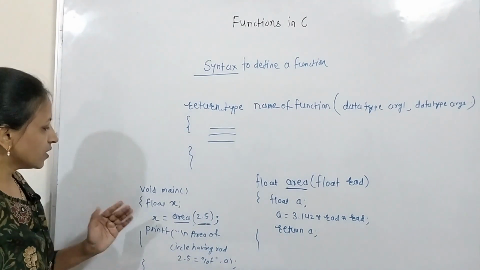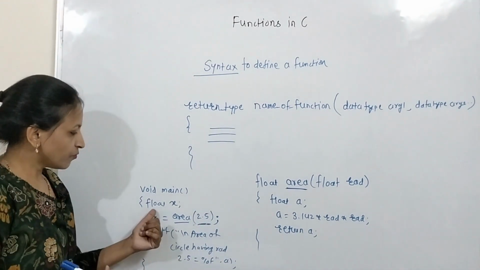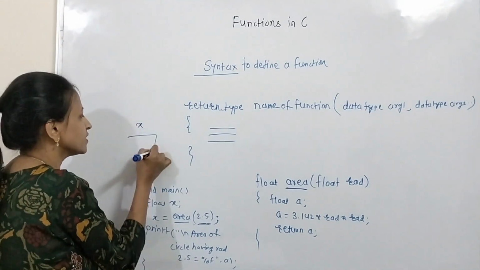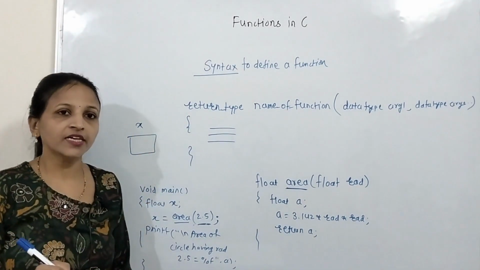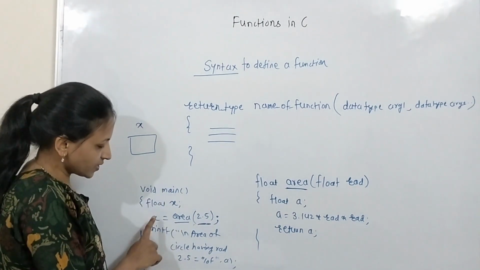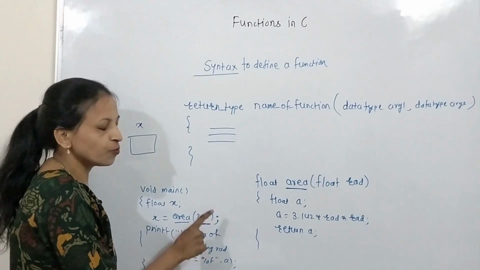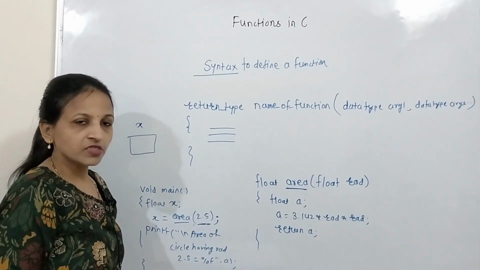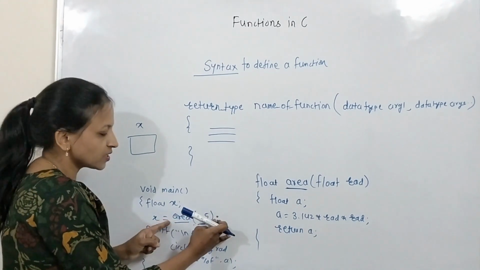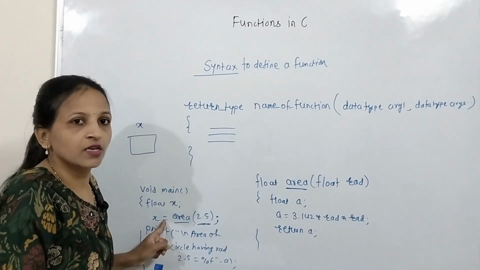Now see, execution will start here. Float x, for x 4 bytes will get reserved in memory, and initially it will have a garbage value. After that, here I am writing x equals area 2.5. What is the meaning of this one? Area 2.5, this part is nothing but a function call.